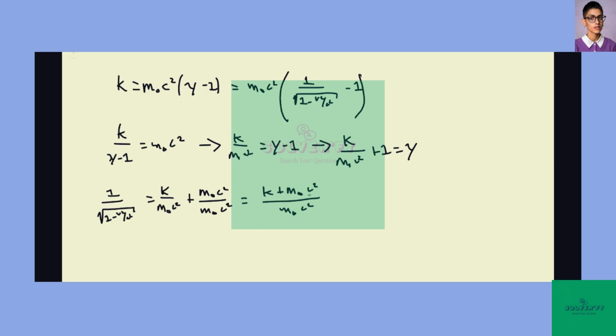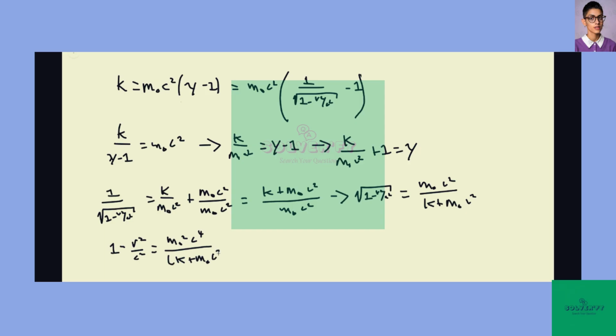We get the square root of 1 minus v squared over c squared is equal to m0c squared over K plus m0c squared. Square both sides. We get 1 minus v squared over c squared is equal to m0 squared c to the 4th over K plus m0c squared, squared.